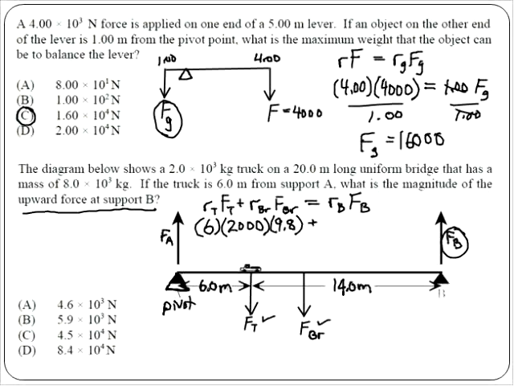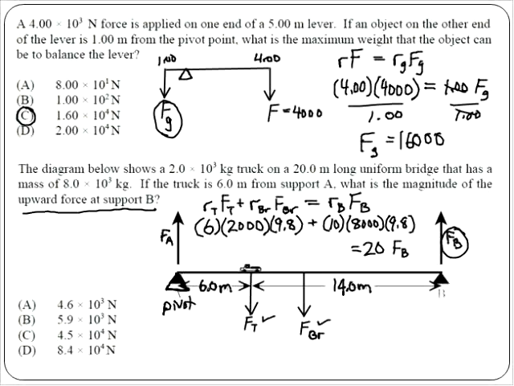Plus the distance for the bridge. Well, the bridge, you can see, is 20 meters long. So halfway, which is where the center of mass always is in these uniform objects, is going to be 10. The mass of the bridge is 8,000 kilograms, and we have to multiply that by 9.8. And then that has to equal the distance for force B, which is all the way to the other end of the bridge away from the pivot, 20 meters away, times FB.